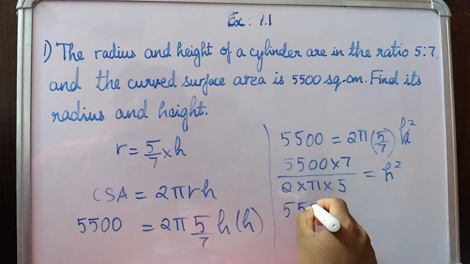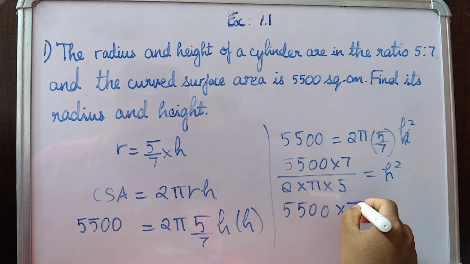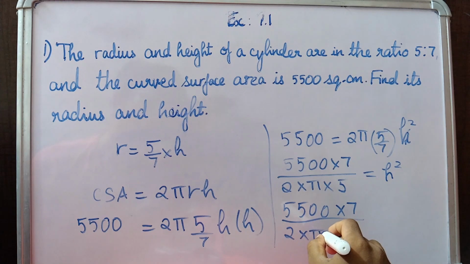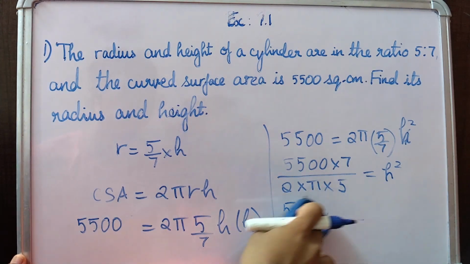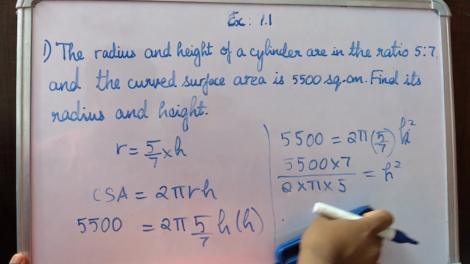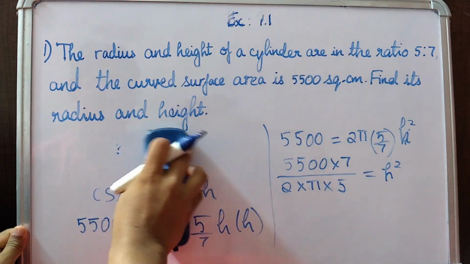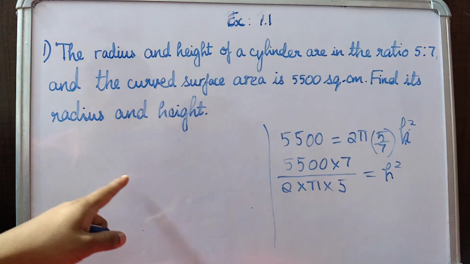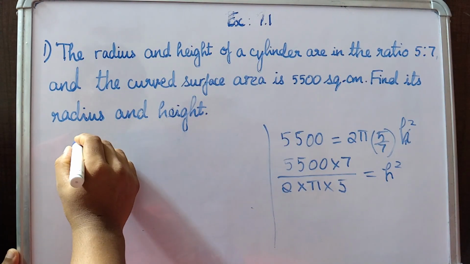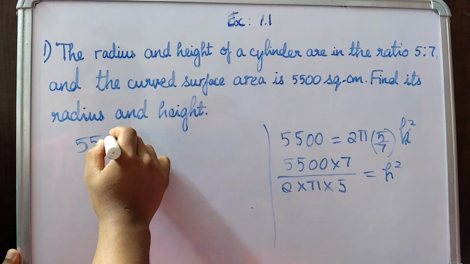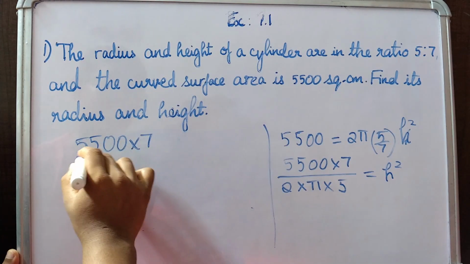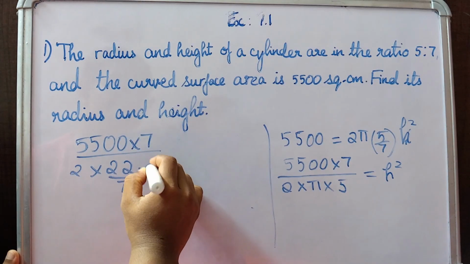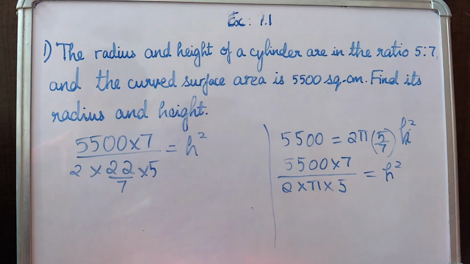So 5500 into 7 divided by 2 into pi, so you can write that here as 5500 into 7 divided by 2 into 22/7 into 5, which is equal to h square.